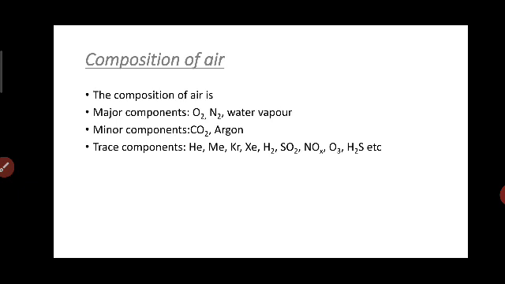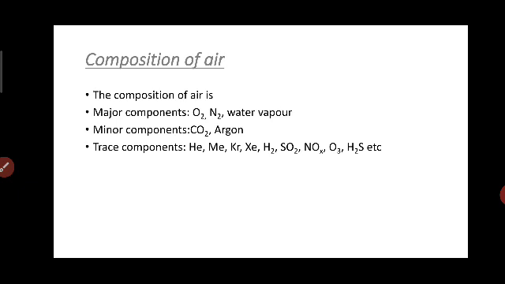Trace components are helium, neon, krypton, xenon, the zero group gas elements or noble gases, and hydrogen, sulfur dioxide, nitrogen oxides, ozone, hydrogen sulfide, etc. But oxygen, nitrogen, carbon dioxide, water vapor, and argon are very important components.